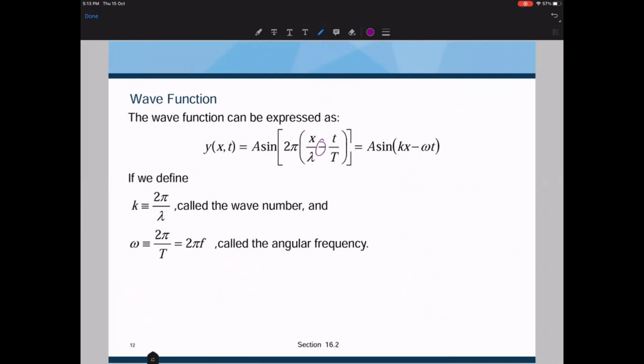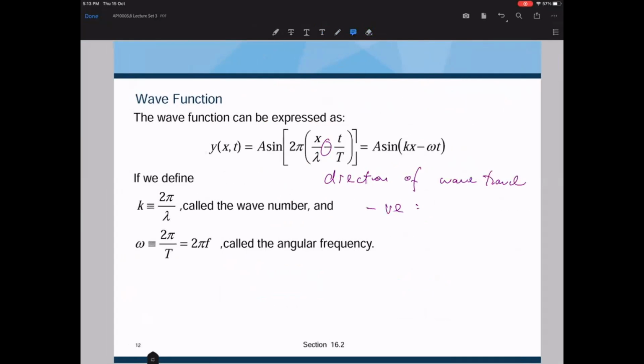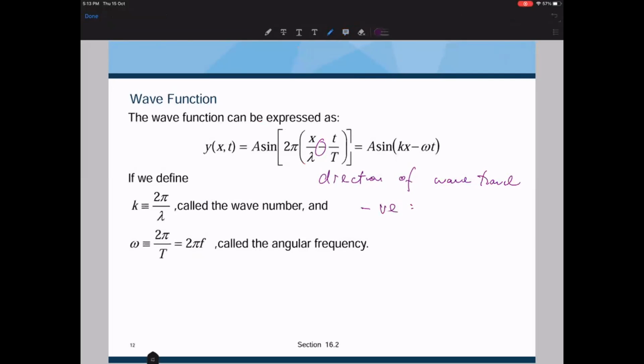So this one tells you the direction of wave travel. If it is a negative, it is along the positive x-axis.